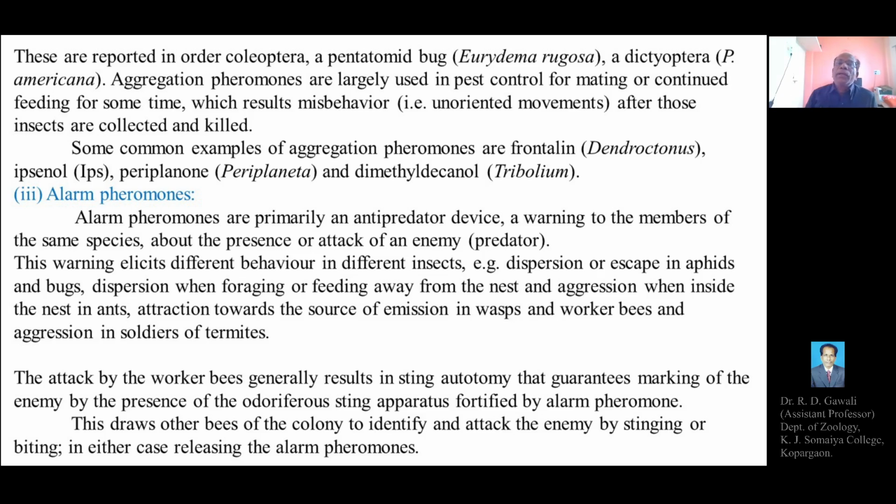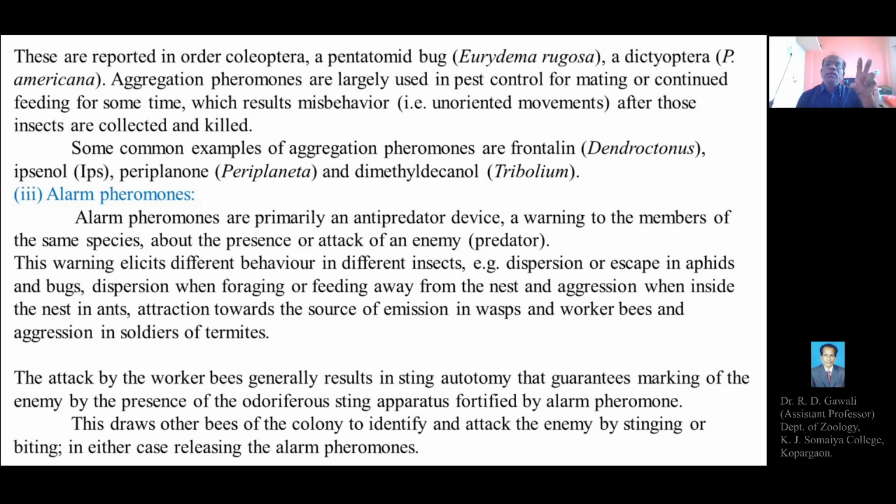Aggression means they become violent or aggressive and go into a state of attack on the enemies or predators present in the vicinity. So in the case of termites, soldiers show aggression and become violent so as to attack the respective predator.